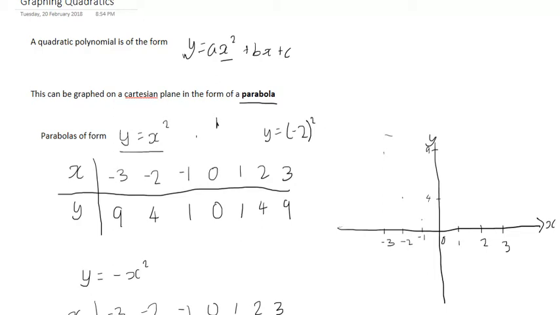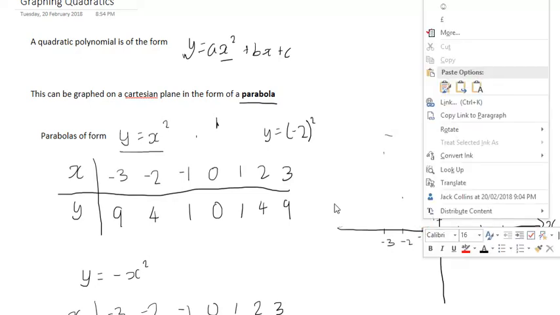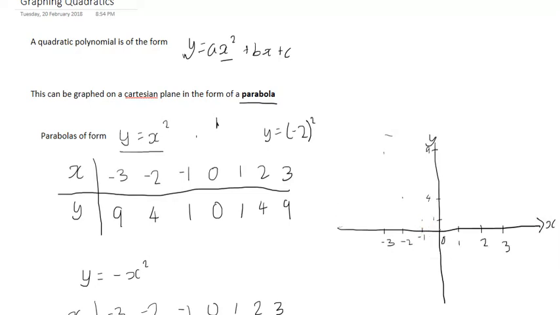When x is equal to -1, y has dropped down to 1. Then 0 at this point here, and then it goes back up. When x is equal to 1, 2, 3, y is 1, 4, 9. You can imagine as it keeps going up, it's just going to continue to get steeper and steeper, increasing in value, and so move in either direction.